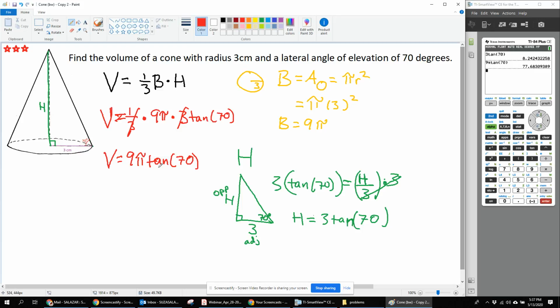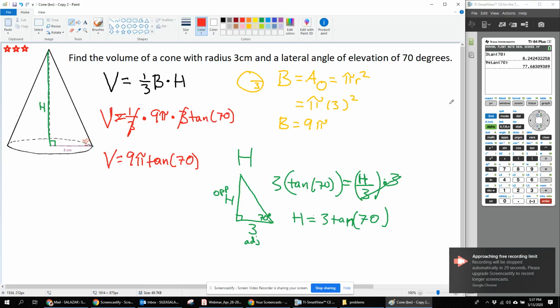And then we're going to plug that into our calculator. Remember, we're working in degrees, which means we need to make sure our calculator is set in degrees. So you check the settings up on the top and make sure that it says degree. If you're using a different brand, you got to know how to check it yourself.